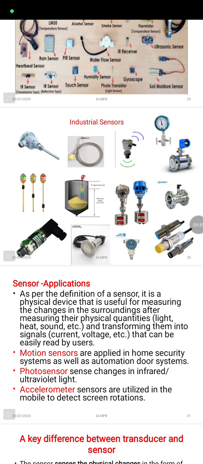And this one shows examples of transducers and sensors used in industrial applications: pressure transducer, temperature transducer, flow transducer, humidity transducer, level transducer, vibration transducer are some of the examples.